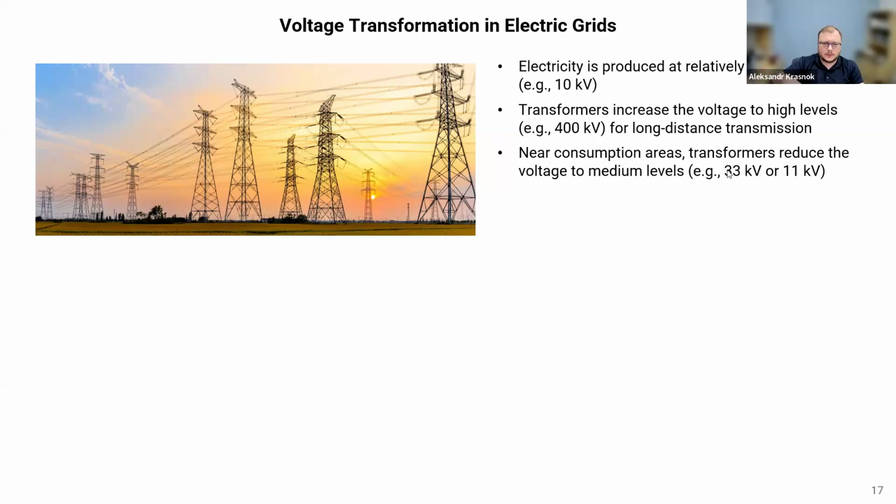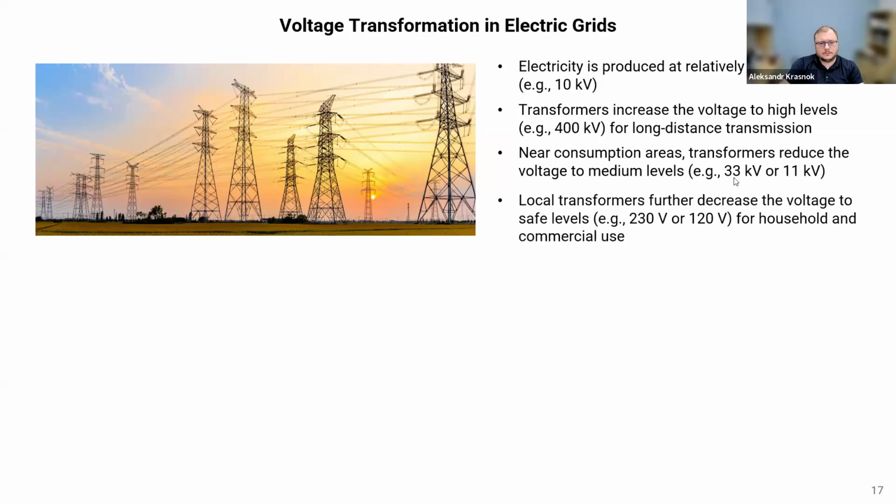First we step down these voltages to, again, something around 10 kilovolts using high power transformers, and then using smaller transformers we step down the voltages to the customer level, 120 volts.